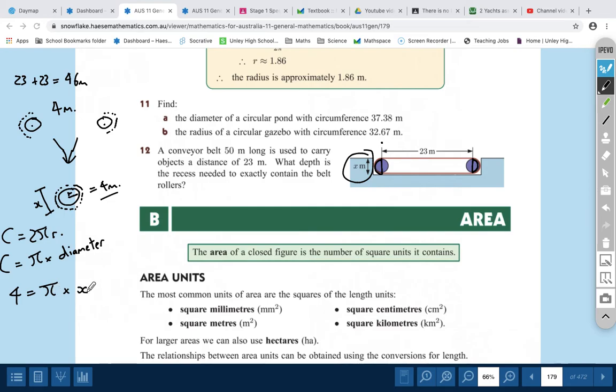So now I've got to find x. It's like x times something equals 4. You need to undo that. You need to divide by pi to get rid of it, and to maintain the equality you'll have to divide the other side by pi. So x equals 4 divided by pi. Let's find out what that is. It's a bit more than 1, maybe about 1.3. Pi is not 3, pi is 3.14 approximately.